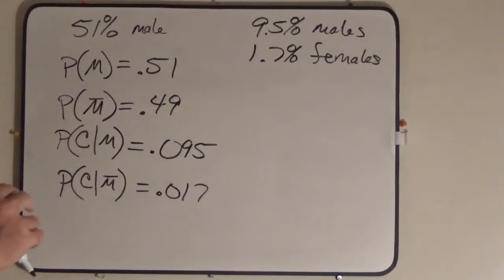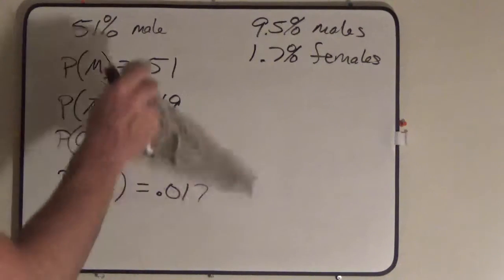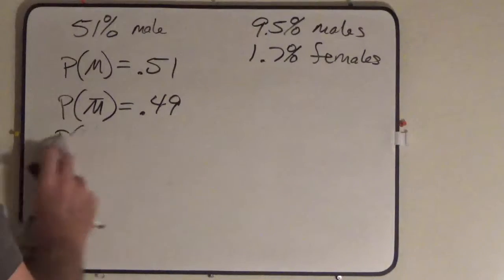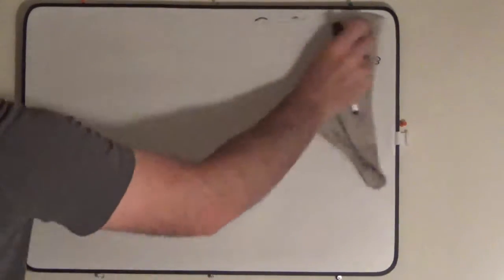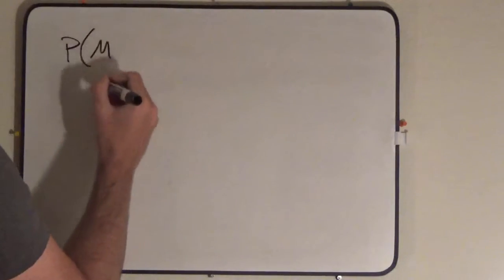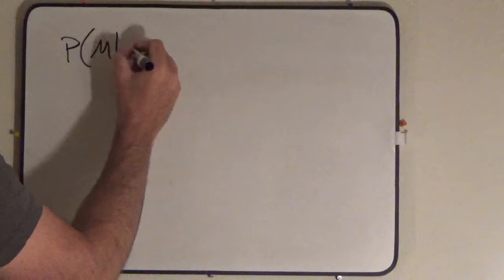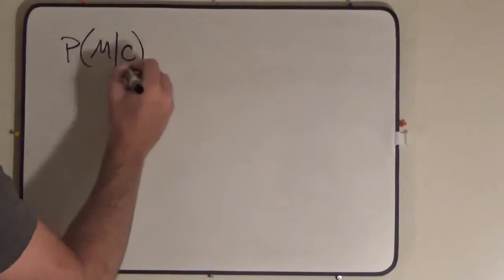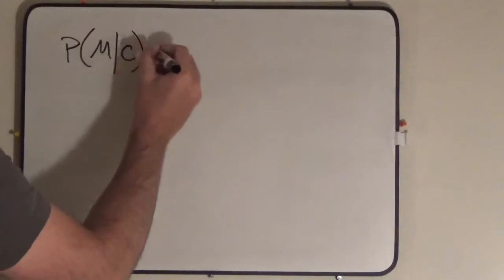I'm going to have to erase this though because I need the space. You hopefully have written this down so you can keep track of what we're doing. Now, here we go, plugging it into the formula. The way this formula is going to work is we want to know the probability of males because we know one of them is a cigar smoker.